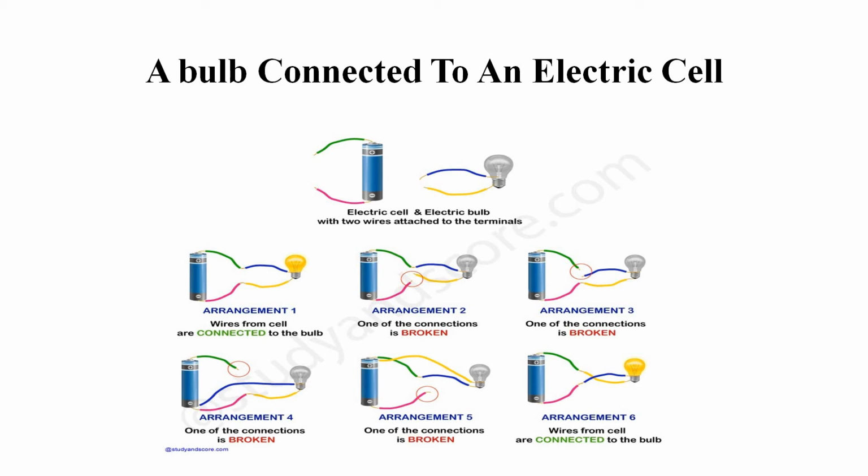So far, we have learned that a cell has two terminals and a bulb also has two terminals. If these terminals are connected rightly, the bulb lights up. Students, to find the right way for connecting these terminals, let us see an activity.